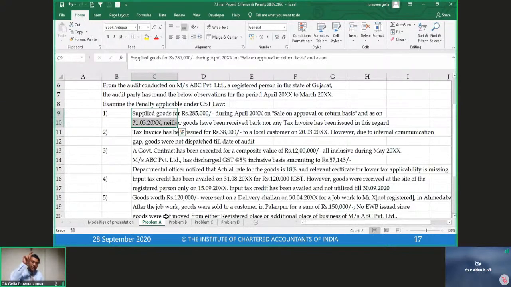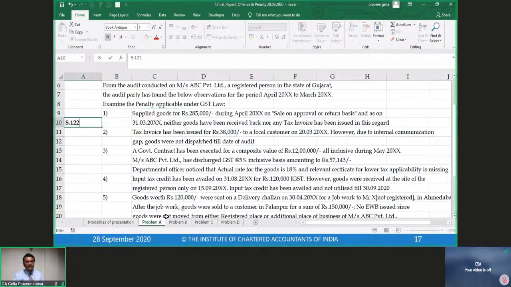Supplies goods where tax is not paid. Non-payment of taxes, bucket number 4. In bucket number 4, when you come to section 122.2, I have to pay my penalty under section 122.2, where 10K or tax, because of intention to evade payment of tax. If that exists, I'll pay 10,000 or tax, whichever is higher.